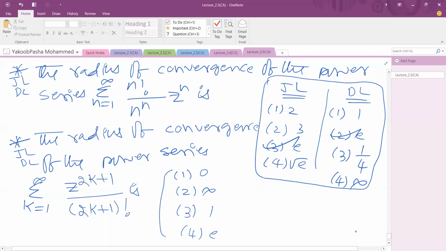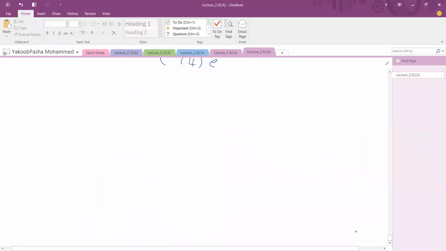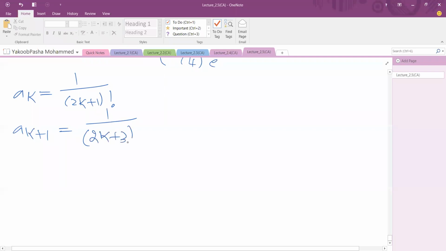First, I am taking the coefficient ak, that is equal to 1 by 2k plus 1 factorial. Then ak plus 1 is equal to 1 by, replacing k by k plus 1, 2k plus 3 factorial.